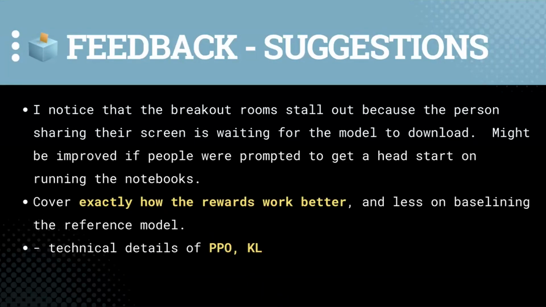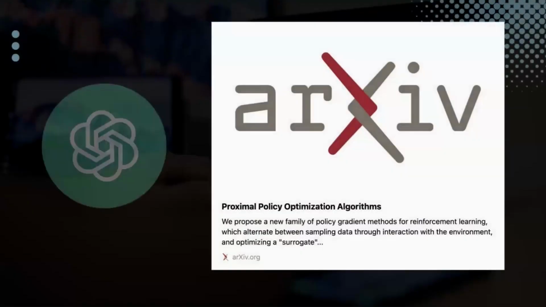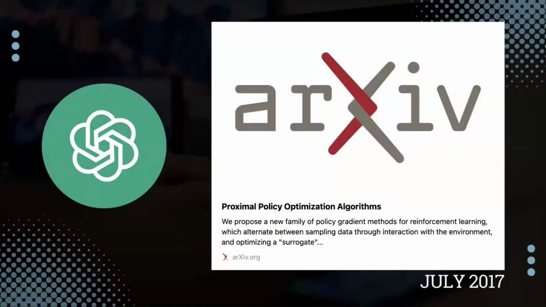This is a really great piece of feedback. And I just want to point out that PPO algorithms are a class of optimization algorithms. It really came out of the RL research that was going on at OpenAI back in 2017.